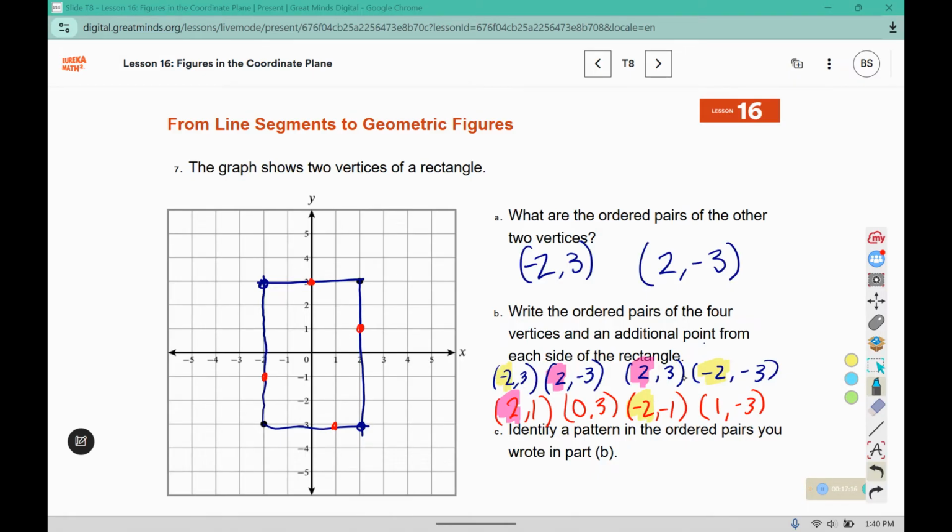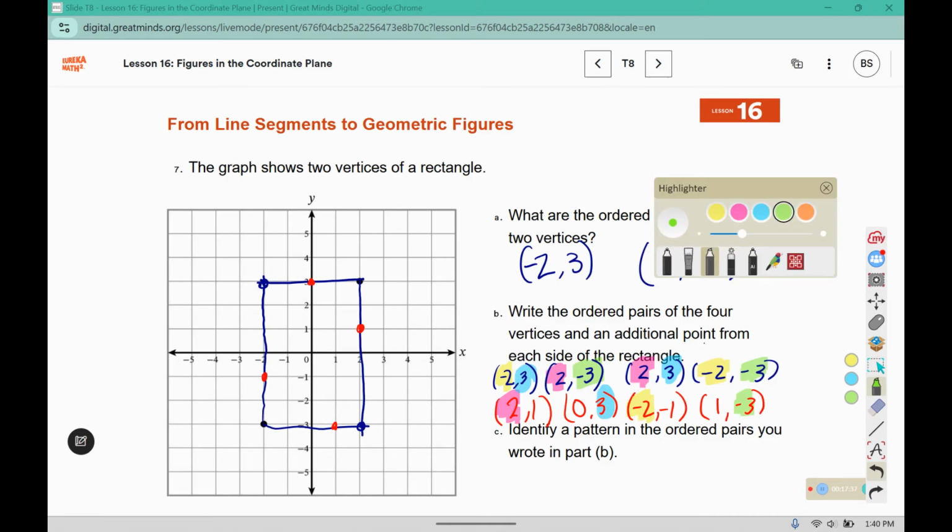There are also 3 of them with y-coordinates that match. So these extra points on the sides that we drew either match the x-coordinate or the y-coordinate from the other vertices.